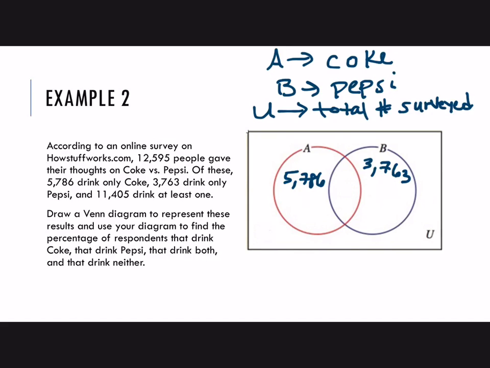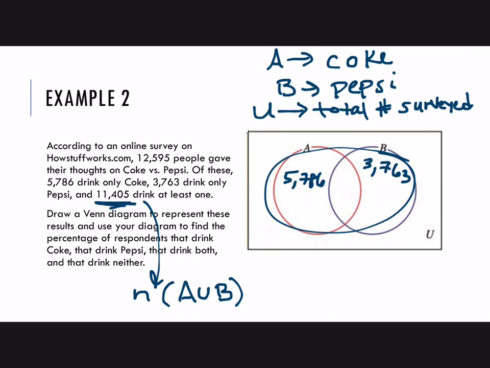Well, the ones in the middle would be people who drink both beverages. I know that there are 11,405 people who drink at least one beverage. So it could be one beverage or both beverages. So that's giving you the cardinality. If we wanted to say this in set notation, this is the cardinality of A union B, one or the other or both.